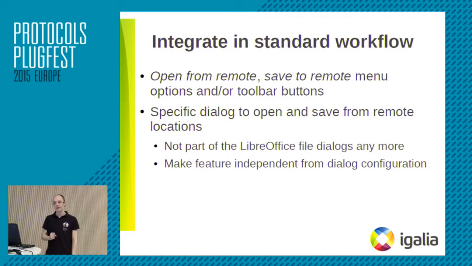We will add specific menu options or toolbar buttons to open from remote and save to remote. This will increase visibility and integrate this feature in the standard workflow of LibreOffice.